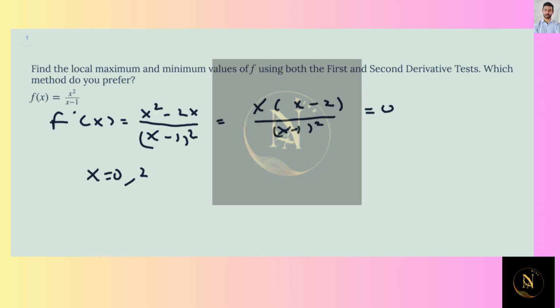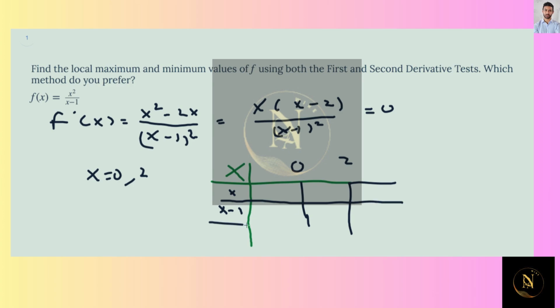So then we're going to create a sign chart and evaluate how the sign is changing for our function. Since (x minus 1) squared is always positive, we're not going to include that, so we're going to leave x and x minus 2. We're going to do 0 and 2. Then we look at how the signs are changing.